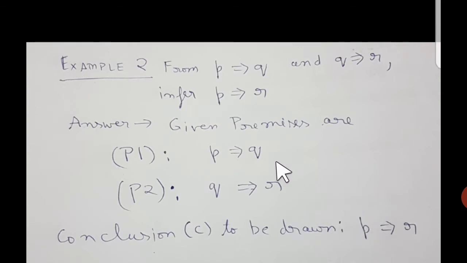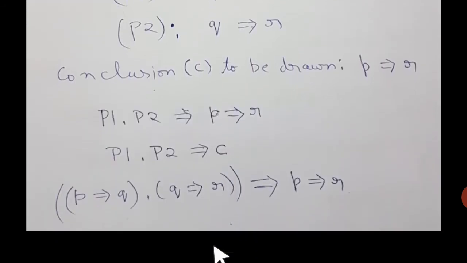Now we need to perform the conjunction of these premises. That means P1 dot P2, then conditional, that is C. Now just see how it works. P1 dot P2 conditional C. Now we will replace P1, P2 and C with the premises and the actual conclusion to be drawn.